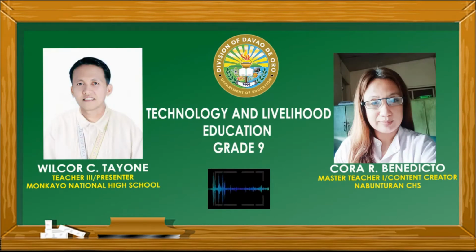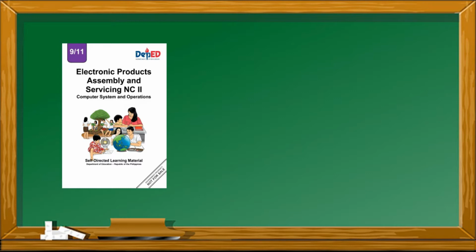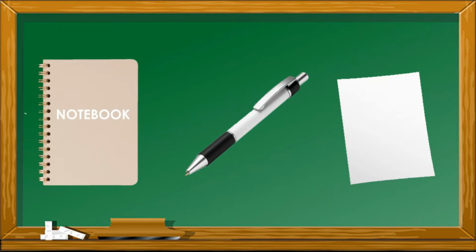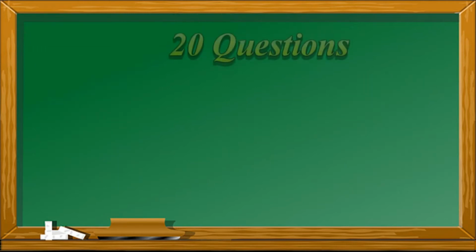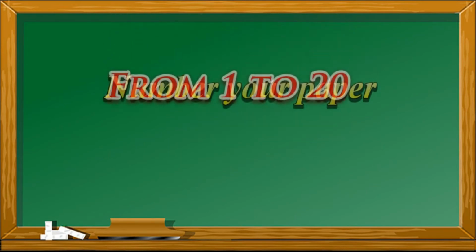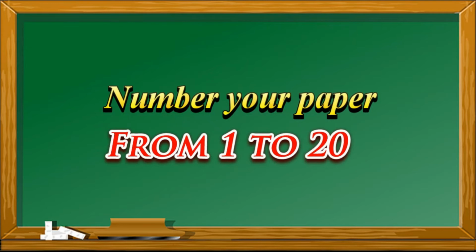This time, with your module, I'd like you to open it on page 8. Be sure you have your notebook with you, your pen, and answer sheets because we will have to test your knowledge of how far you have learned in our lesson. This test has 20 questions, so number your paper from 1 to 20.